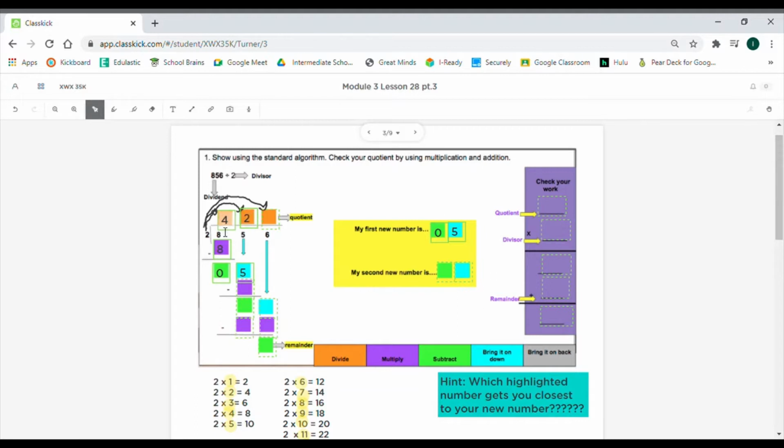So we're multiplying 2 times 2. What do we get? Good job. Yeah, we get 4. Now let's subtract. We're going to put our difference in our green box. 5 minus 4. Yeah, 1. And what number are we going to bring down?